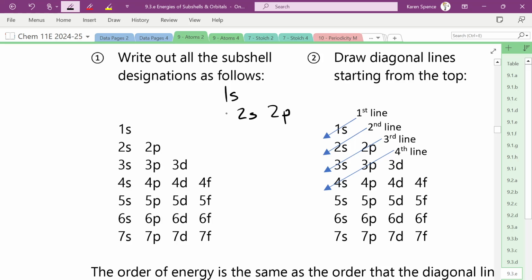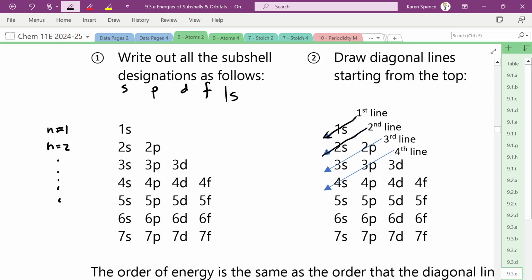So the s's all have to line up, the p's all have to line up, the d's and the f's all have to line up, and then energy level 1 is in the first line, energy level 2 is the second line, etc. down the rows. And then you draw your diagonal line.